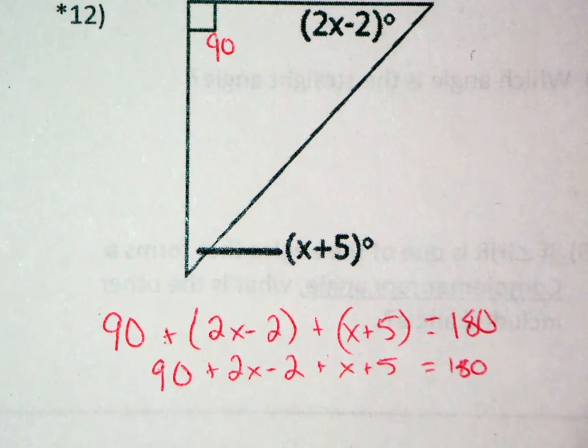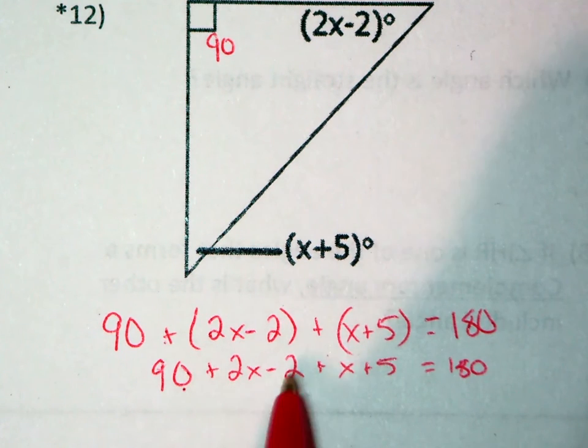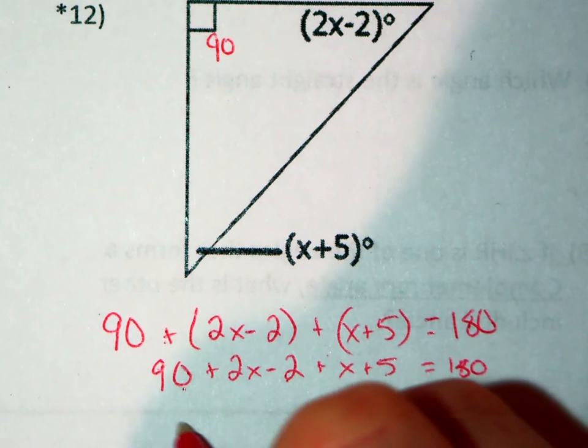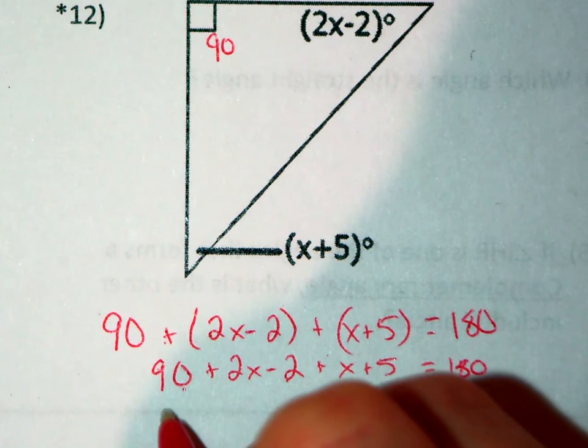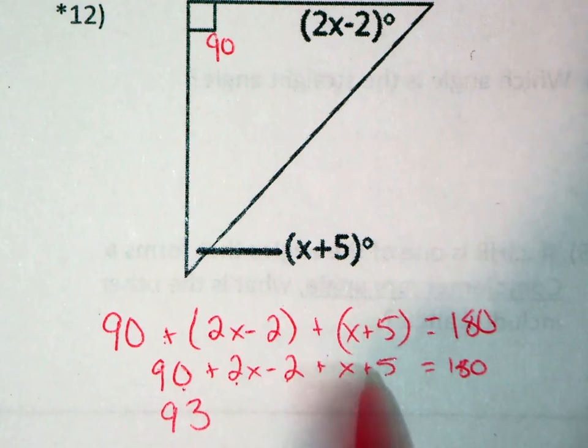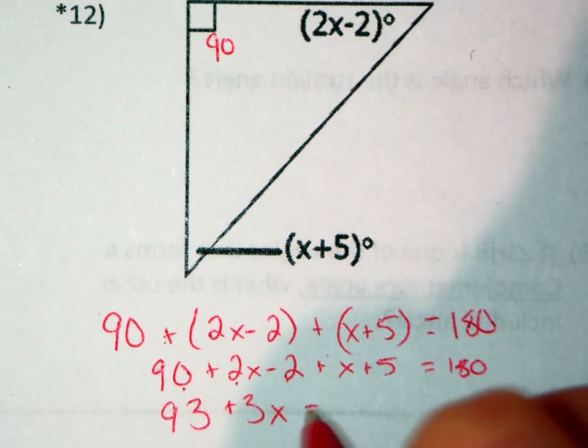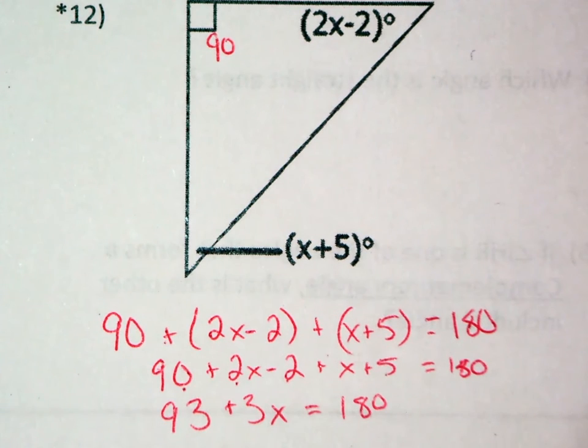My next step would be to combine like terms. So 90 minus 2 would be 88, plus 5 would be 93. 2x plus x would be 3x, equals 180.